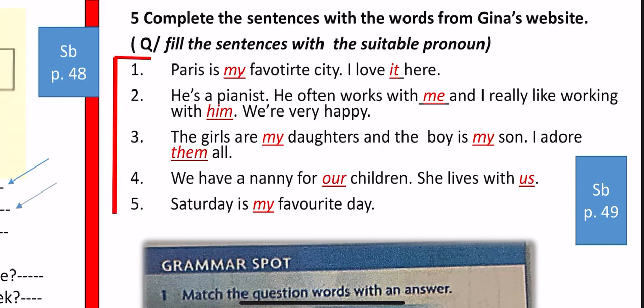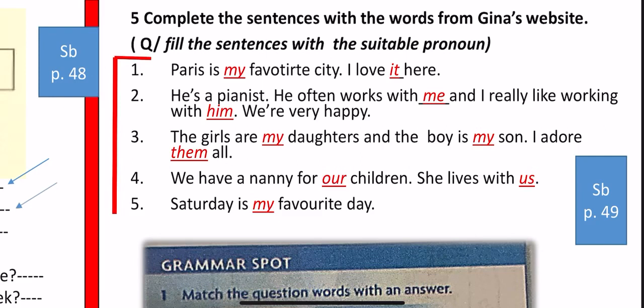And the boy subject, is auxiliary verb which acts as a main verb, my son, my plus son acts as object. I adore them: I is the subject, adore main verb, them object. So here we choose my daughters, we didn't choose me daughters because it's followed by a noun.